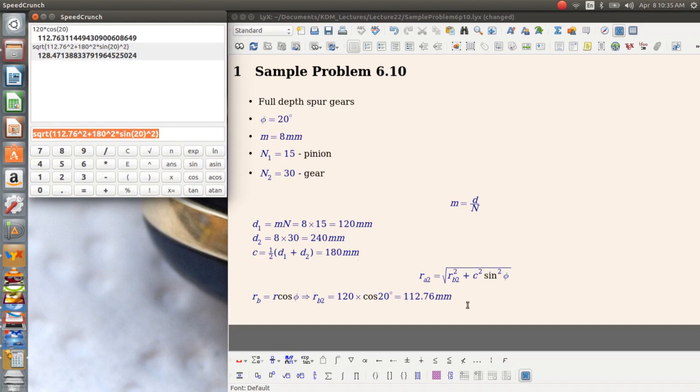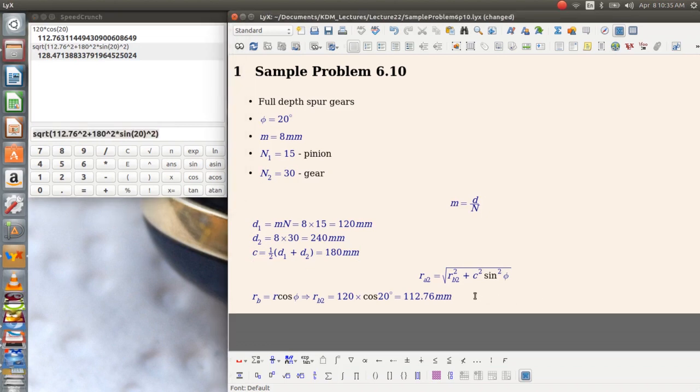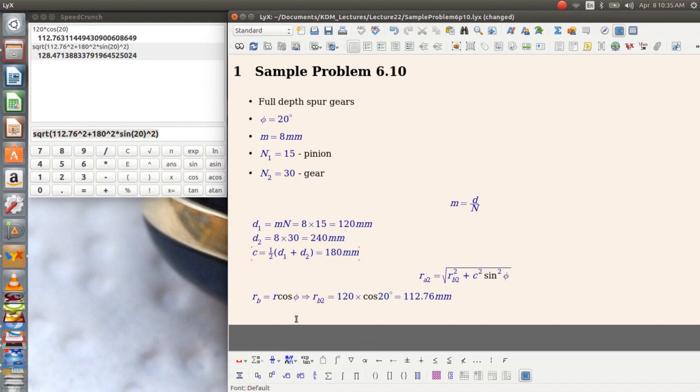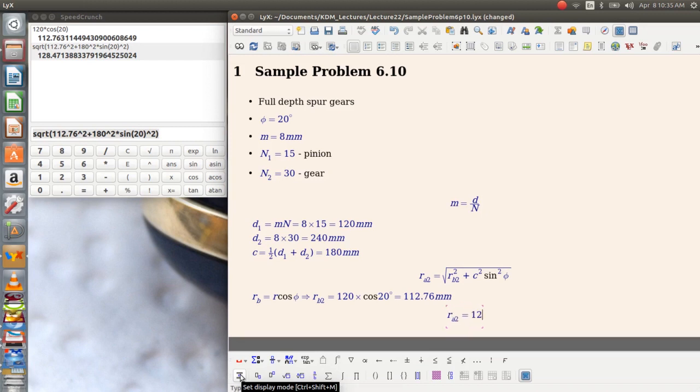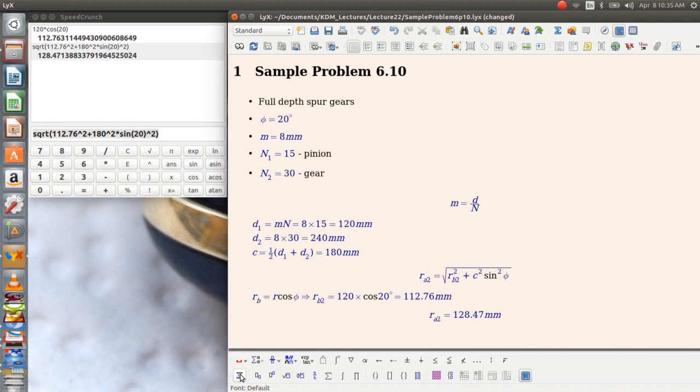So this tells me, therefore, that RA2 is equal to 128.47 millimeters. That is the maximum addendum radius that this gear can have and still not interfere with the pinion.